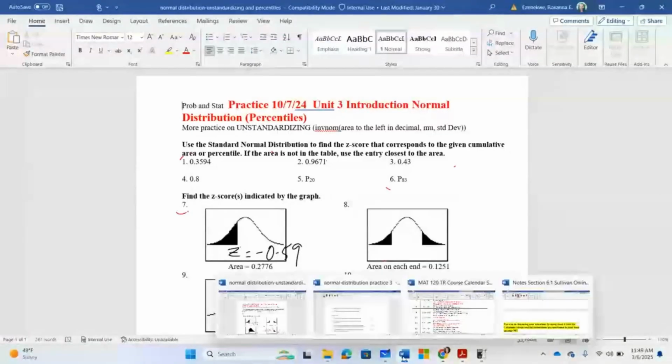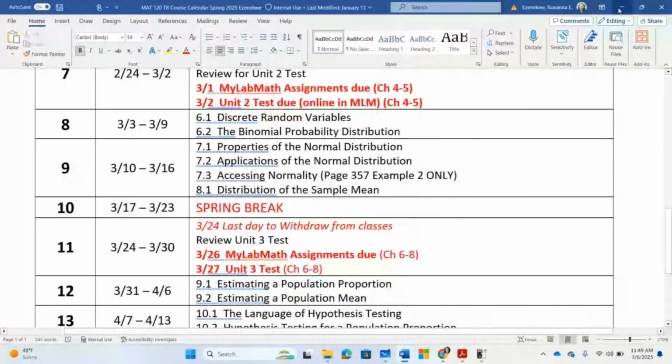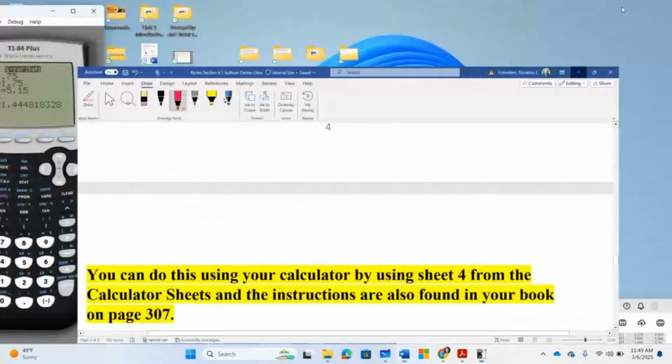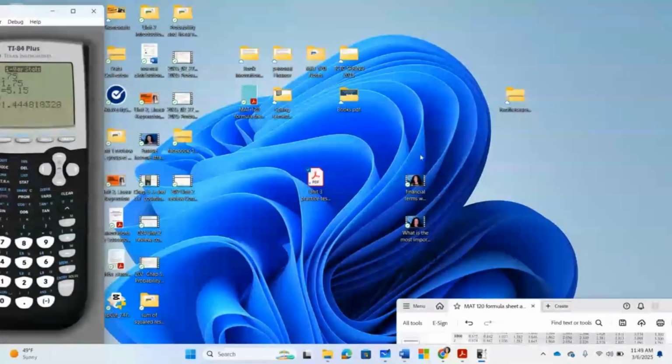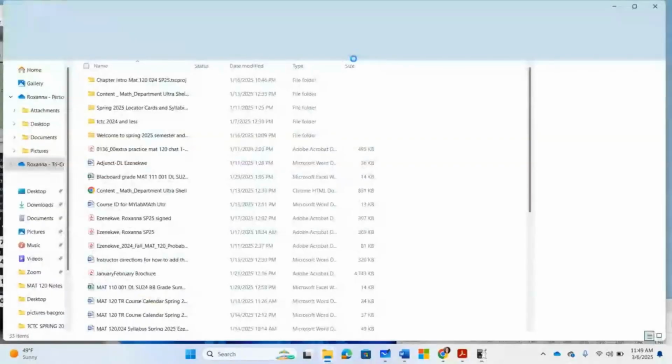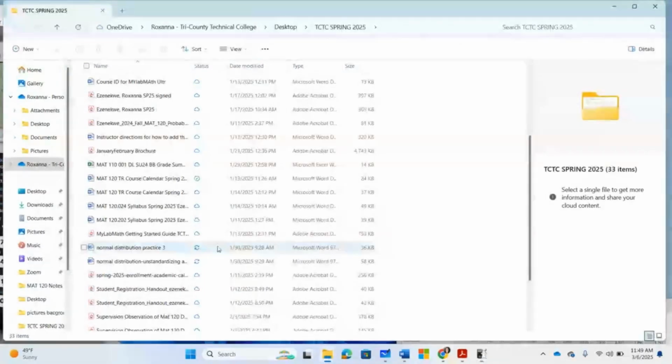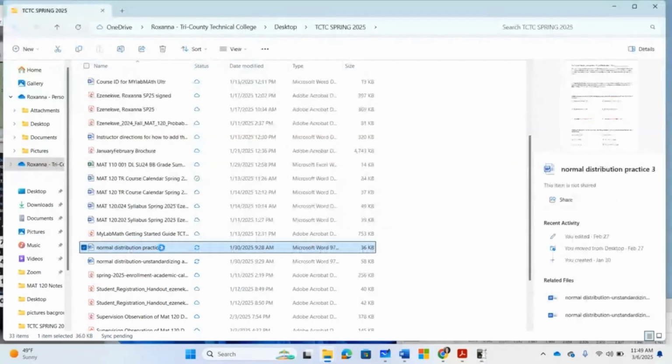Let me pull that up. That is the normal distribution. I want to make sure we know how to calculate some of these normal distribution problems. Very important.